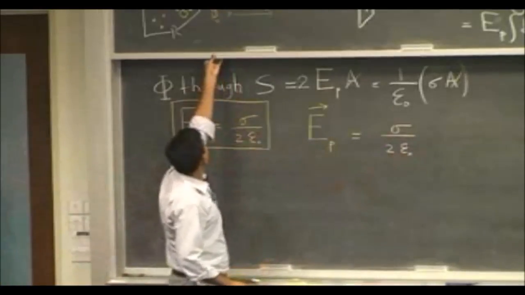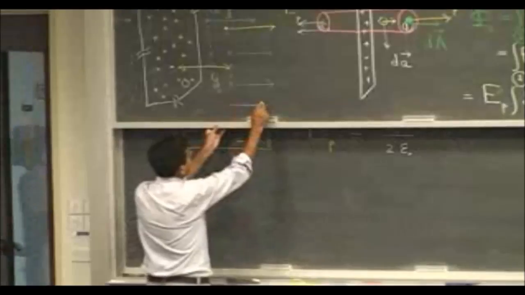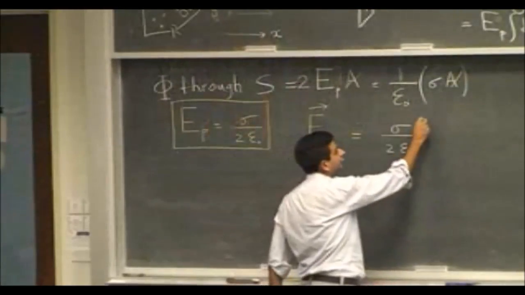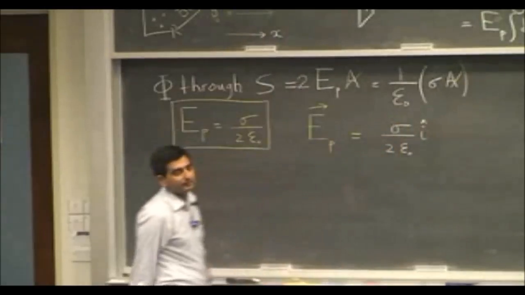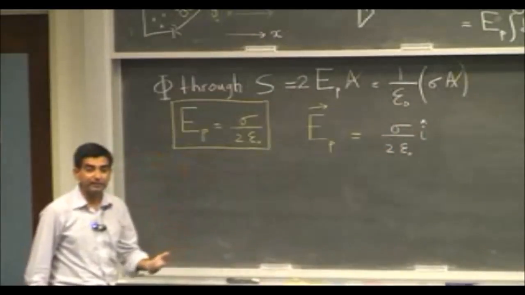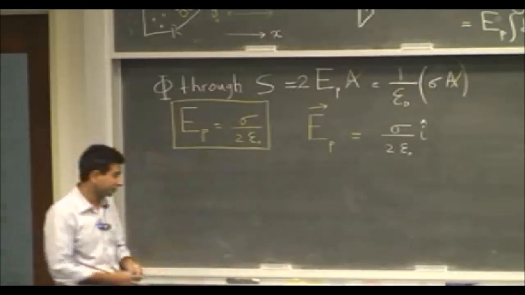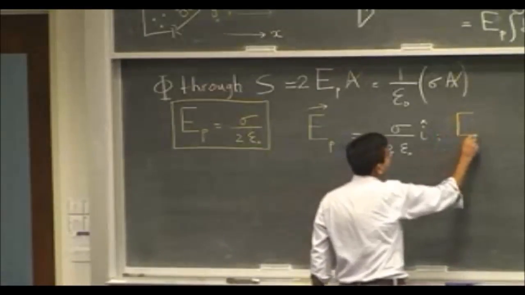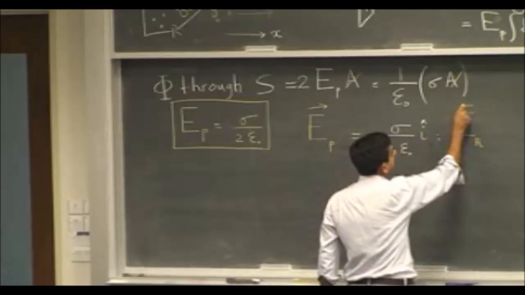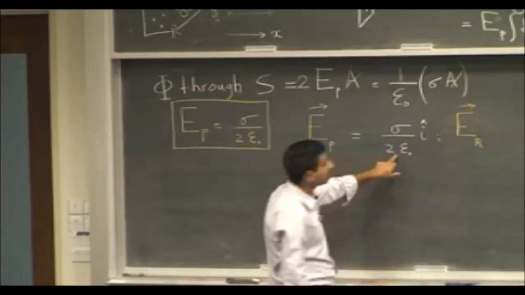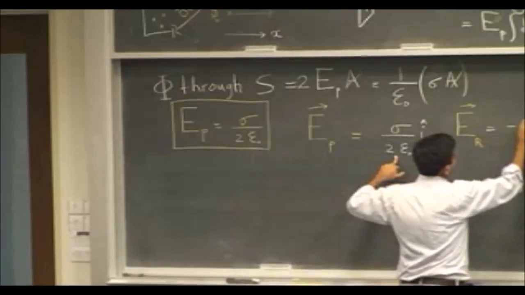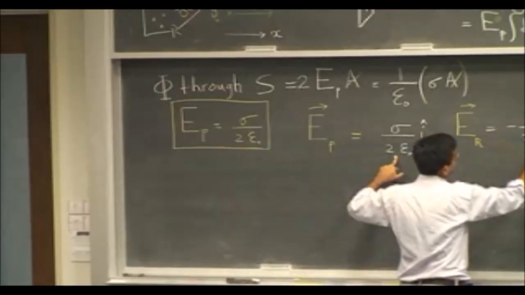Suppose I call this the x direction, so I will put a unit vector i here. The electric field at R will have the same magnitude as the electric field at P, but it will be in the opposite direction.